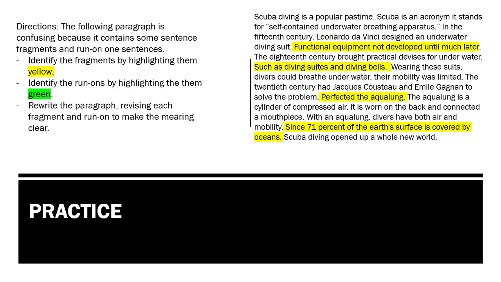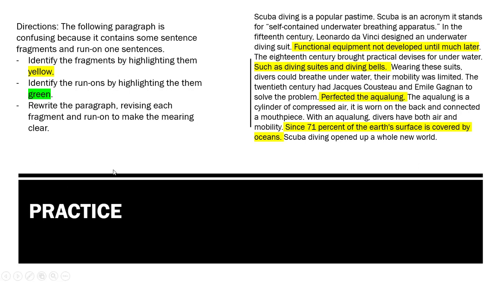We need a little bit more to go on. Such as diving suits and diving bells. That doesn't tell us anything. And perfected the aqualung. Who perfected the aqualung? And since 71% of the Earth's surface is covered by oceans. Okay, what about it? See where we're going?